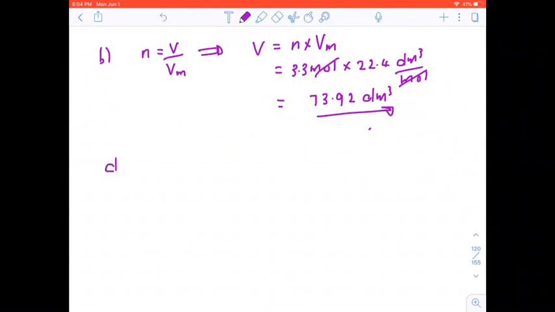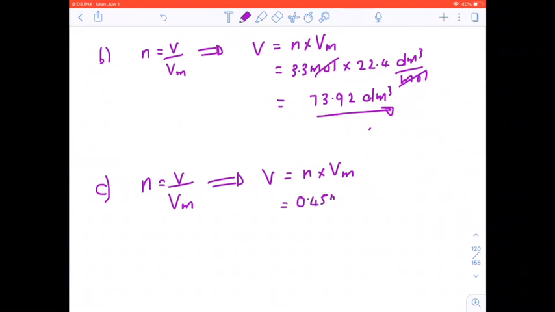So here, C, we again have n is equal to V upon the molar volume, which implies that V is equal to n times Vm. n is equal to 0.45 moles times the molar volume, 22.4 dm³ per mole.